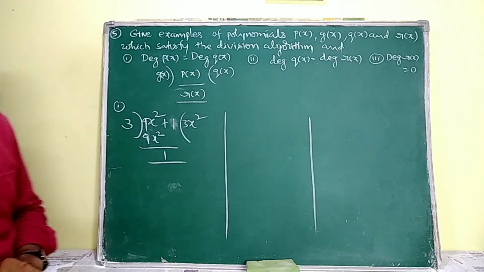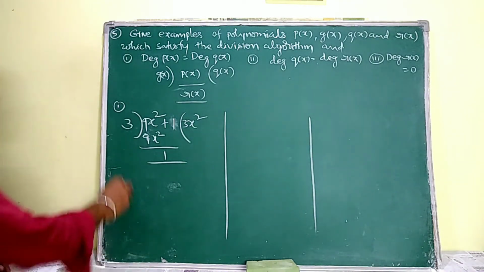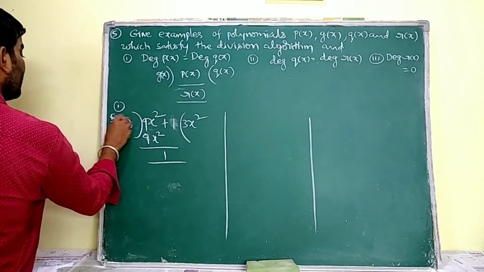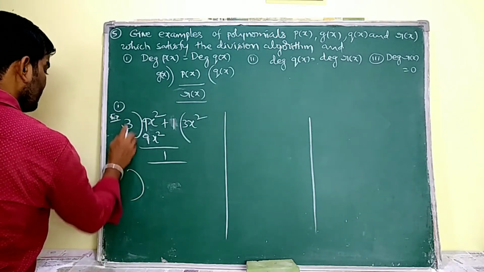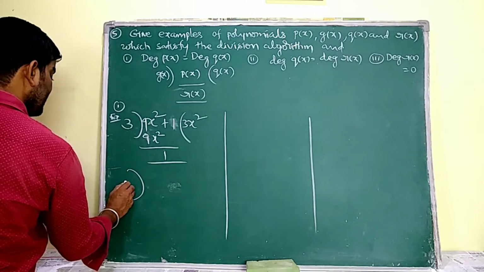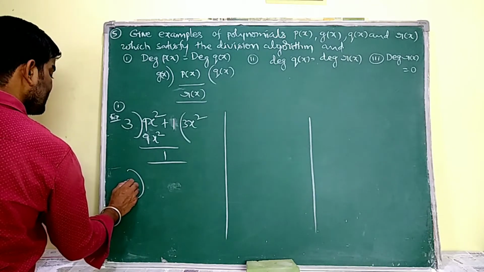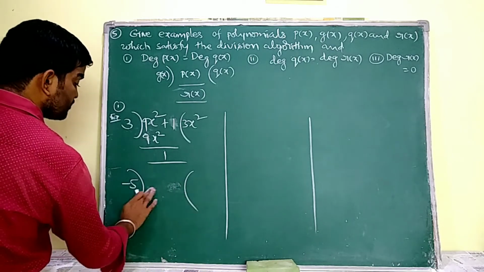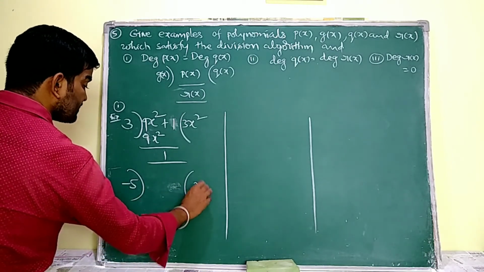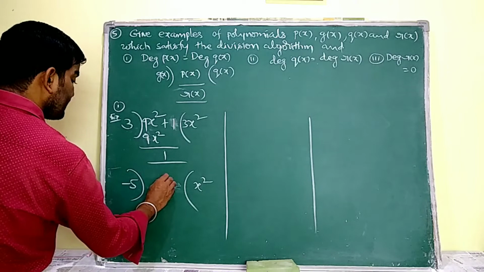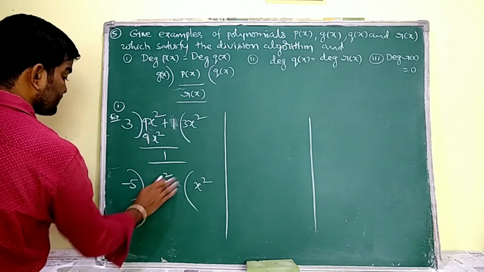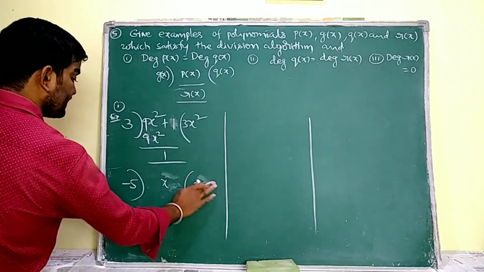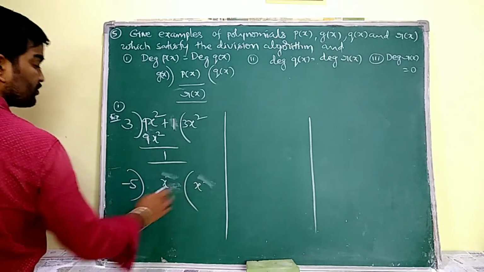Likewise we have to write the examples for the polynomials. See, this is one example. If you write another example, take the g of x value as, let us suppose, minus 5. Now these two are having the same degree. So here I am going to write x square, and here also x square. If you don't want to write x square, then write x. You may write x cube.